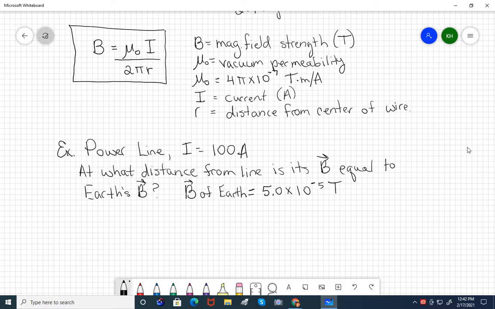So we take our formula, and we would like to solve it for the distance.